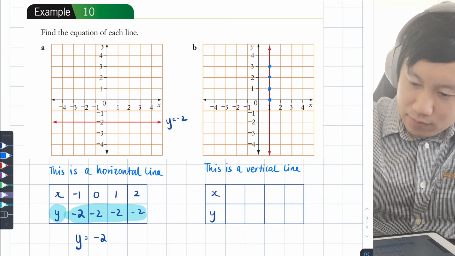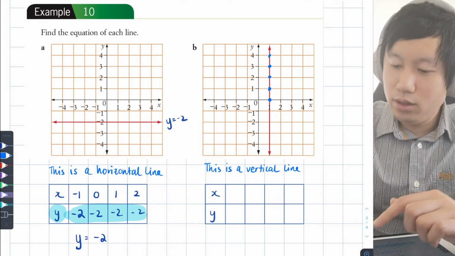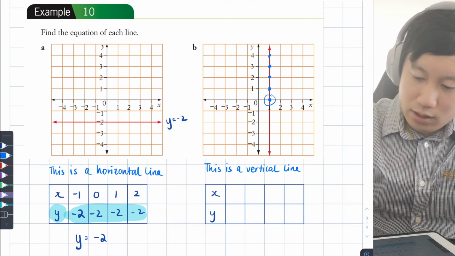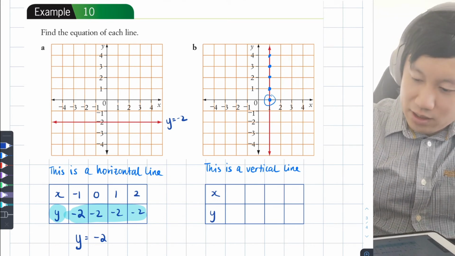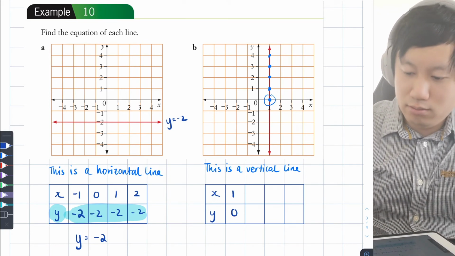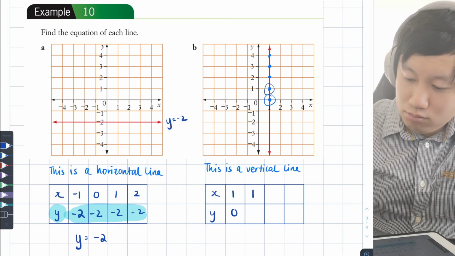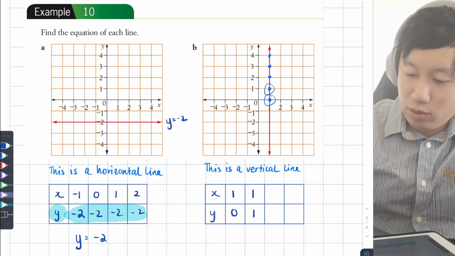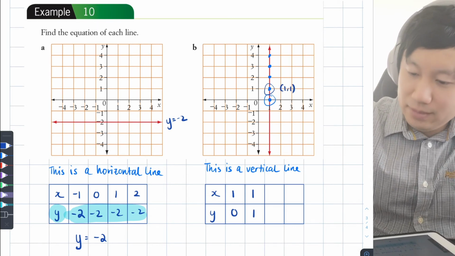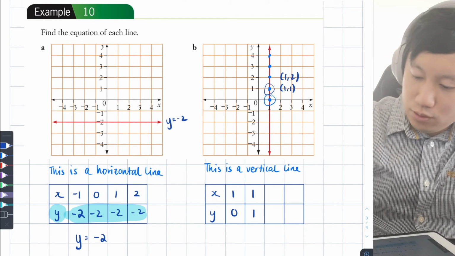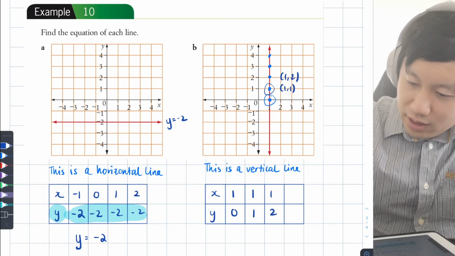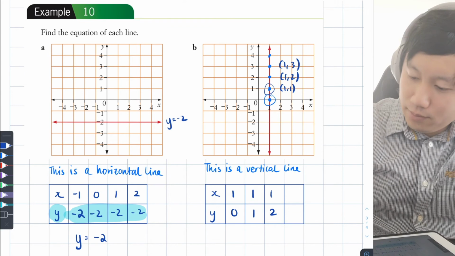What coordinates are they? The first coordinate here is going to be x equals 1, but y equals 0. The next value here is going to be x equals 1 also, but y equals 1. So it's 1, 1, basically as a point. And the next one's going to be 1, 2. And the next one's going to be 1, 3.